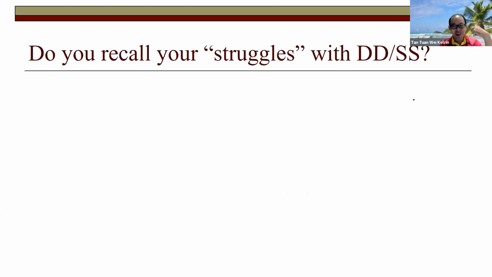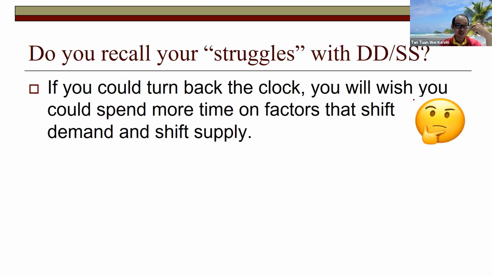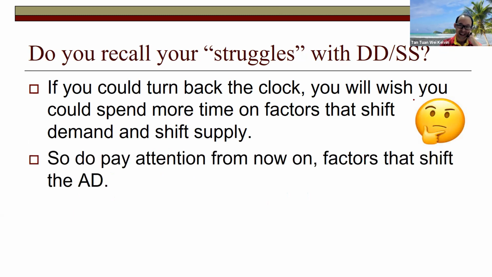So if you recall your struggles with demand and supply, if you could turn back the clock, you might have wished that you spent more time remembering the factors that shift the demand curve as well as the factors that shift the supply curve. So can I encourage all of you, don't waste this time in the lecture. You have this time, pay attention. What are the factors that will shift the aggregate demand curve?